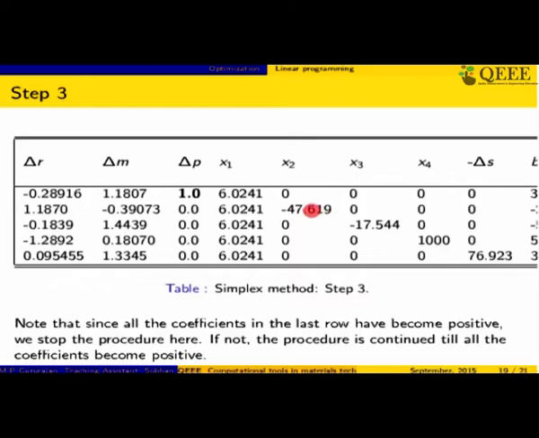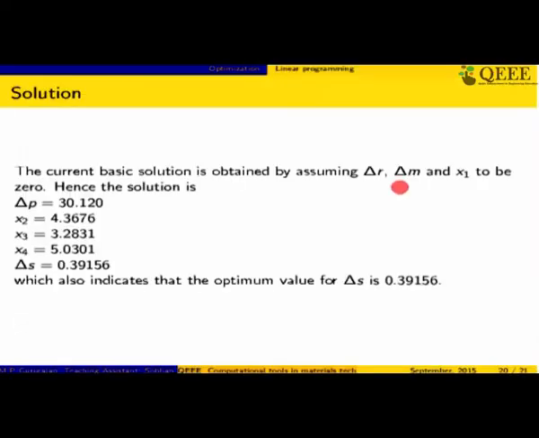So x2 basically will become minus 207.98 by minus 47.619, and x3 will become minus 57.599 by minus 17.544, and x4 will become 5030.12 divided by 1000, and the delta S value will become 30.120 by 76.920. So that is what is given here.